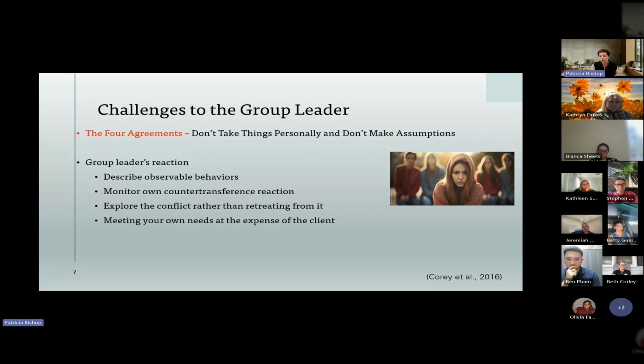And even the most experienced group leader is going to have group members who pose a challenge to them. And that's really why the group rules and expectations are so important, and also supervision, so that when you experience these challenging behaviors, and again, I only mentioned five, and there's probably another five, six, seven more of them, that when you encounter those things, you have someone yourself that you can go to.